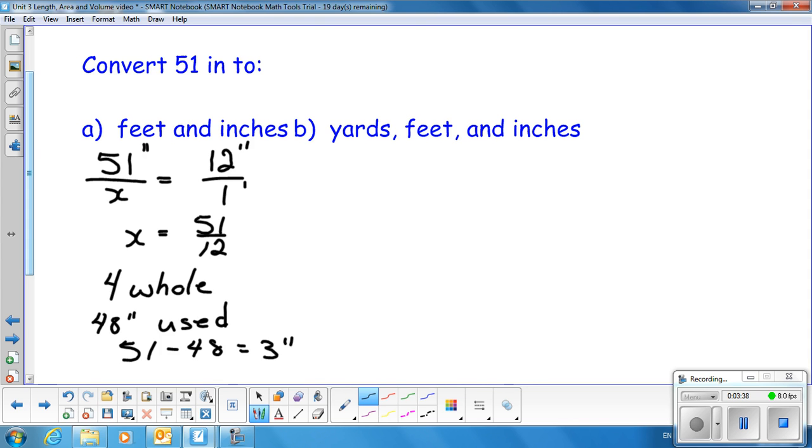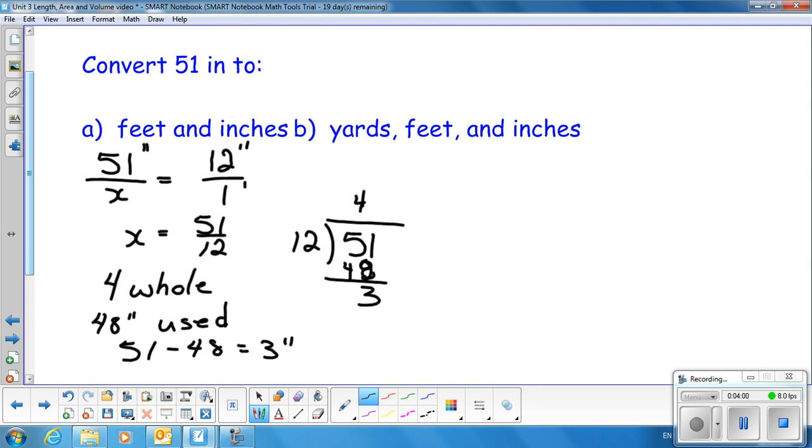Another way of doing this is to use long division and do 51 divided by 12. 51 divided by 12 will give you 4. Subtracting gives you a remainder of 3, so it's 4 whole feet and 3 inches left over.